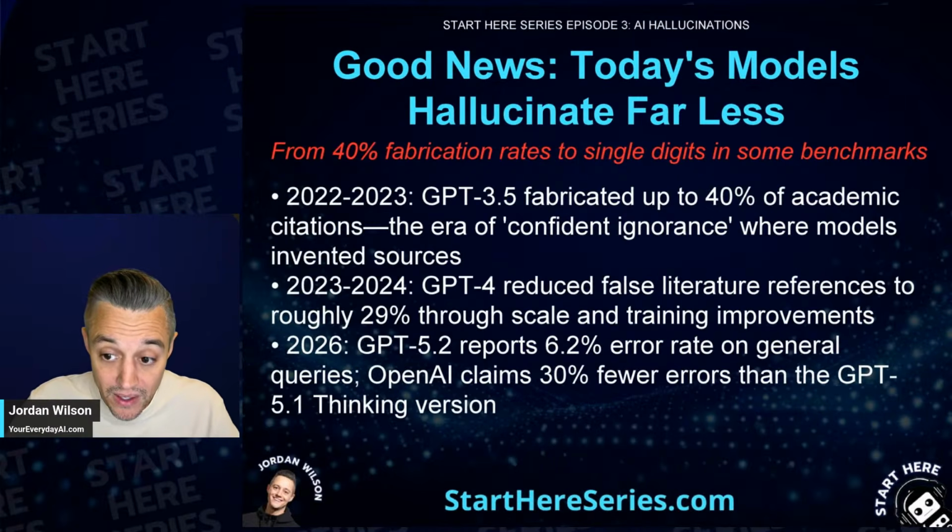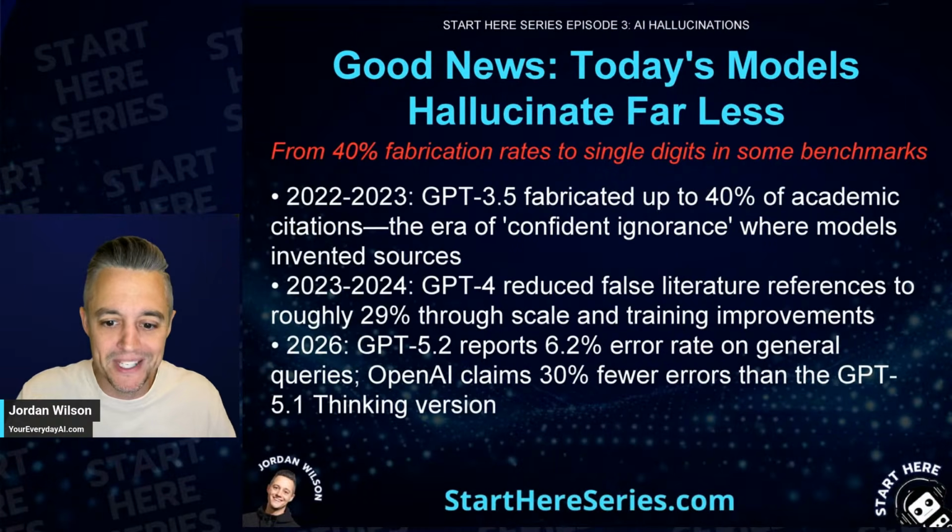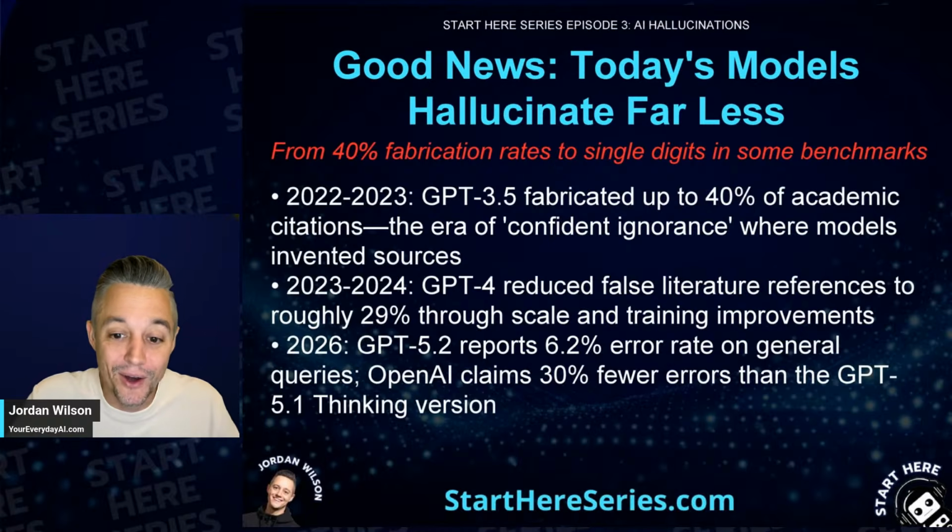But let's talk about the early days, because it was bad, right? Go back to the early models, GPT-3 or GPT-3.5, the early days of ChatGPT in late 2022. Studies showed that it fabricated up to 40% of academic citations.